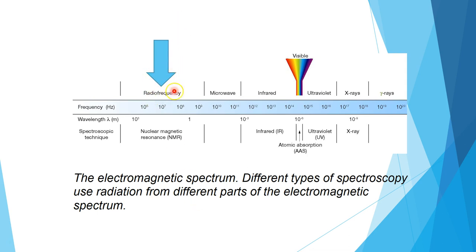So we're in this energy range here, which is lower than infrared. So we're in a very low energy range here, okay? Remembering that infrared is up here, AAS and UV-Vis are in the visible, and then we will look at X-ray as well, and we've looked at gamma rays in HL for radiochemistry.